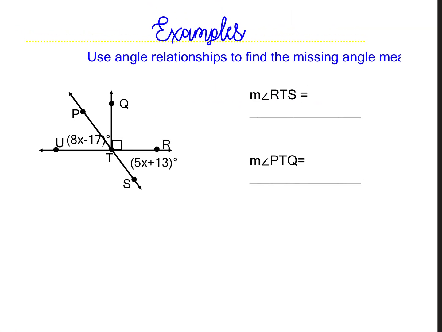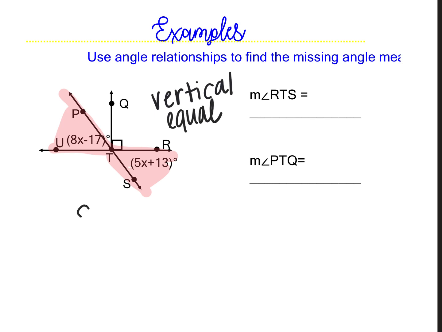On this next one, the two equations they give me here and here are vertical angles. We know vertical angles are equal. So we're going to go ahead and set those equal. So 8x minus 17 equals 5x plus 13.